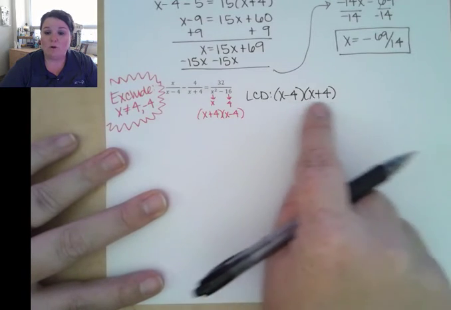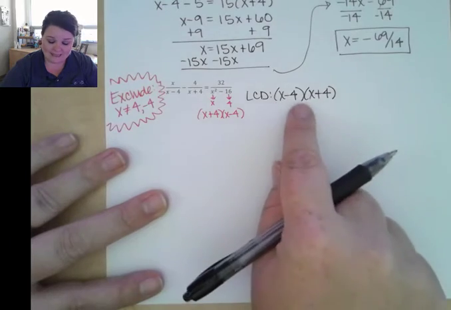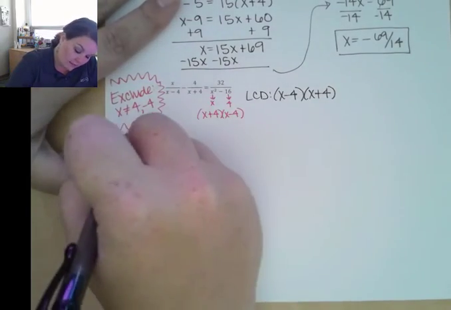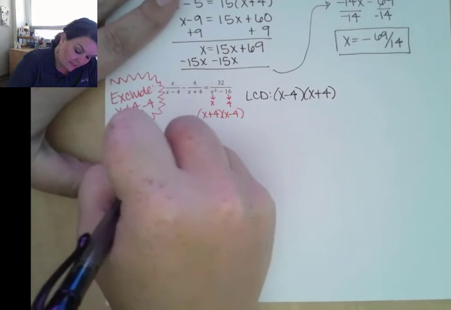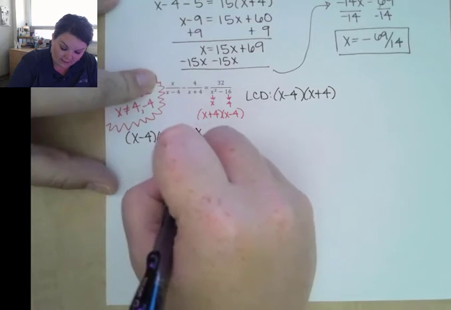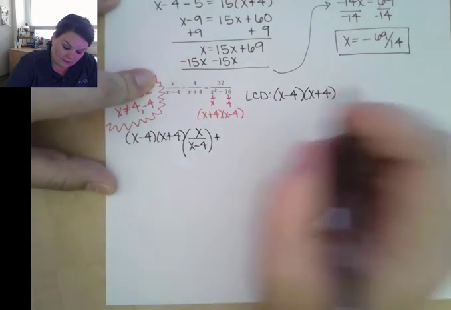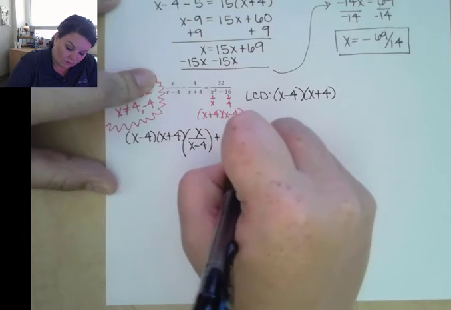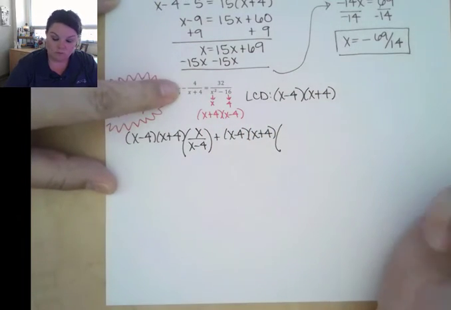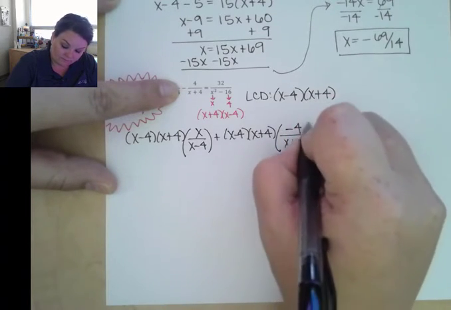So now that I know what would cancel out all of my denominators, I'm going to take this and multiply by every single term. Okay, so I'm going to do x minus 4 times x plus 4 times my first term, which is x over x minus 4. And then I'm going to do x minus 4 times x plus 4 times my middle term, which is a negative 4 over x plus 4.